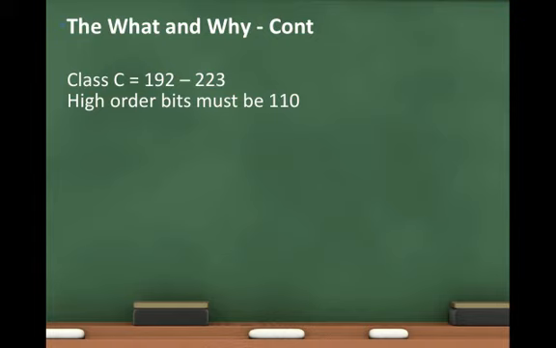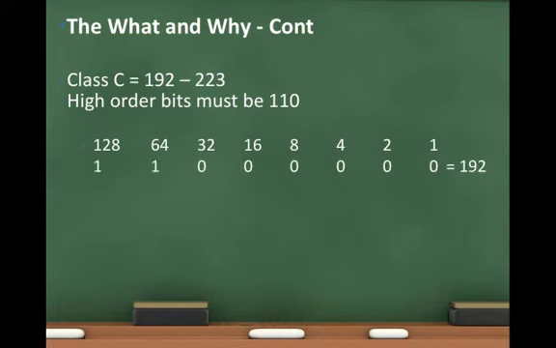Okay, so we have our chart once again, and here we have the first 3 bits as 110, which gives us this number, 192. And then the highest possible number that we can have with 110 in these first 3 bit positions is 223. So the lowest possible number is 192. The highest possible number is 223.